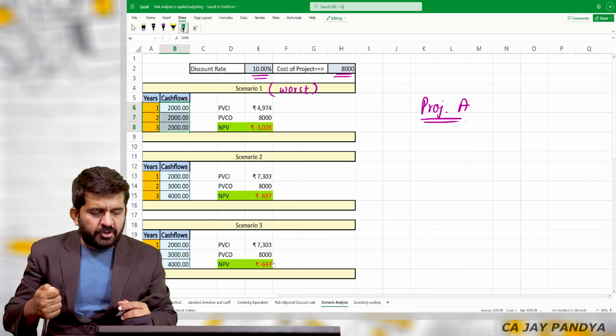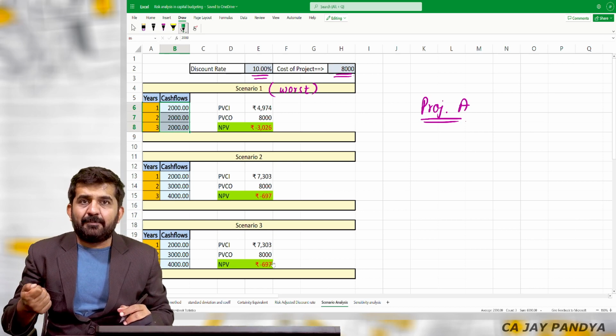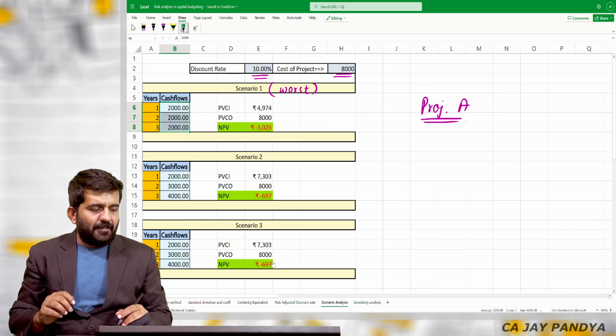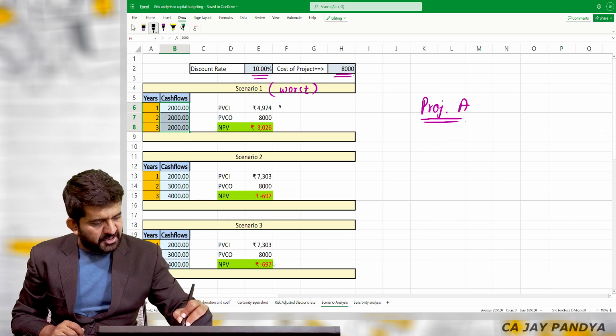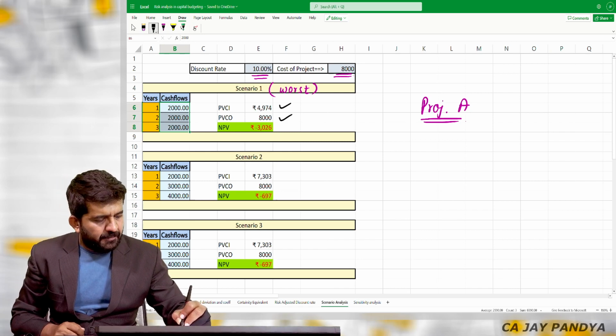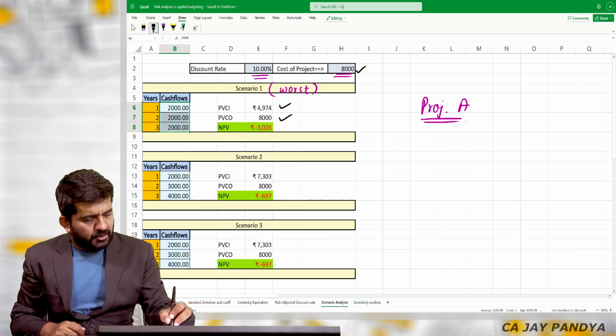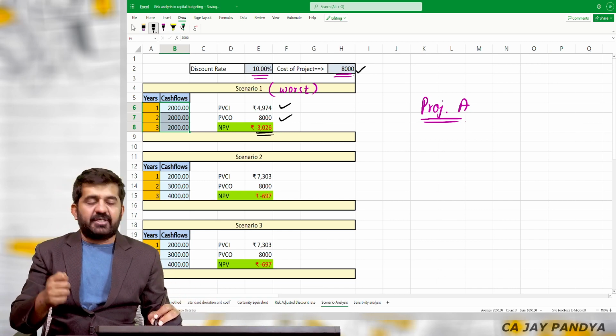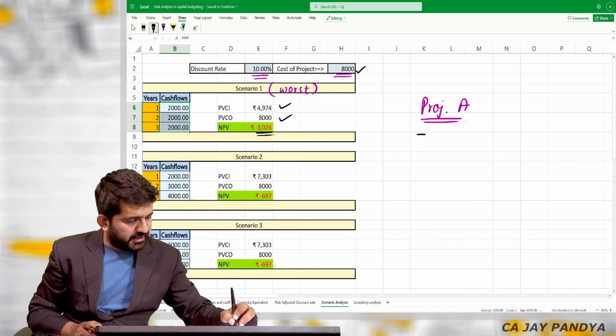My discount rate is 10%, and so my present value of cash inflow is 4974, present value of cash outflow is 8,000, and so my NPV is minus 3026.